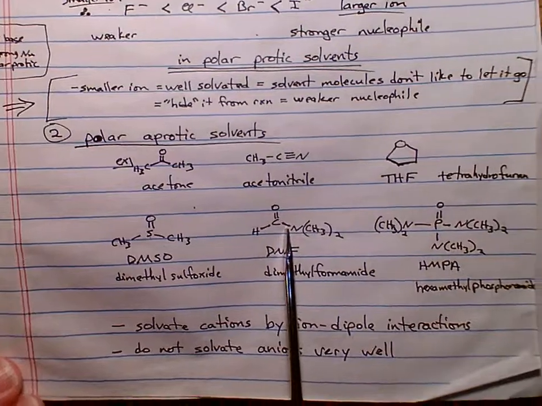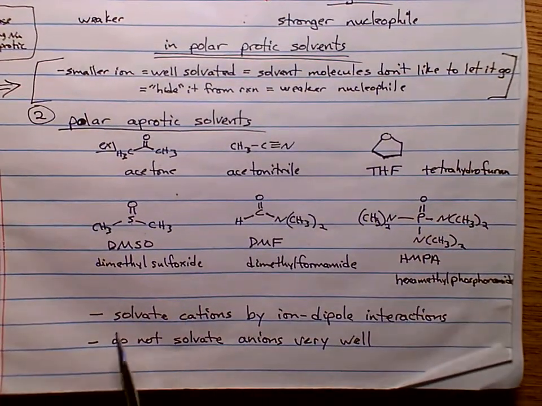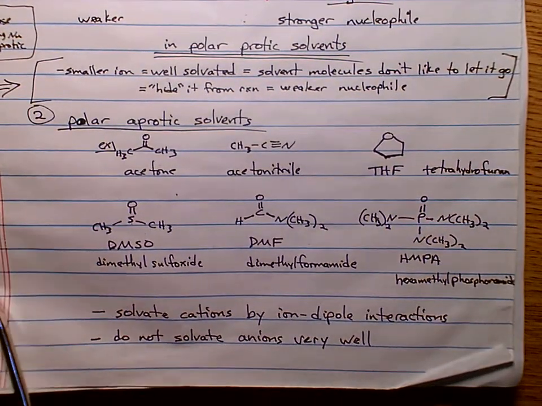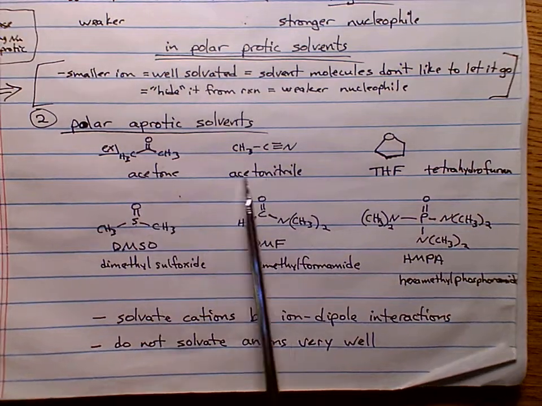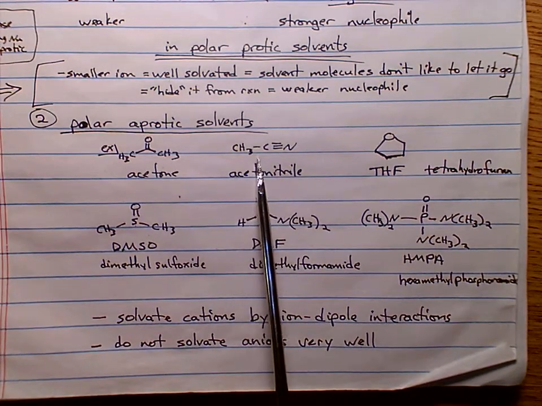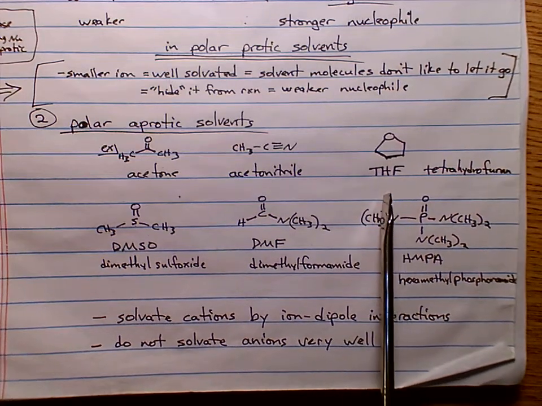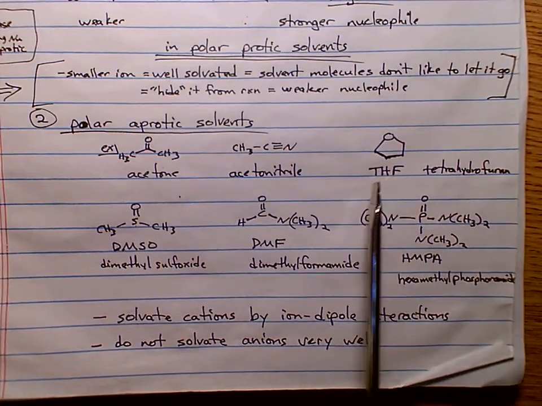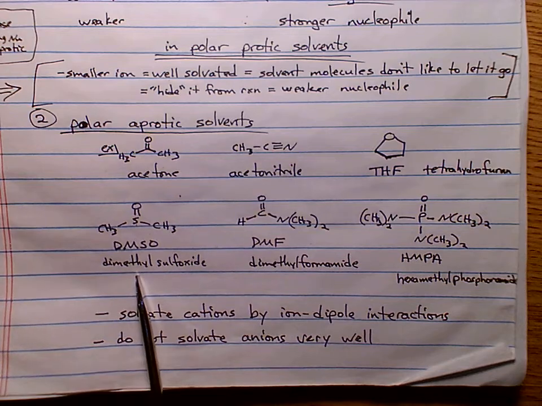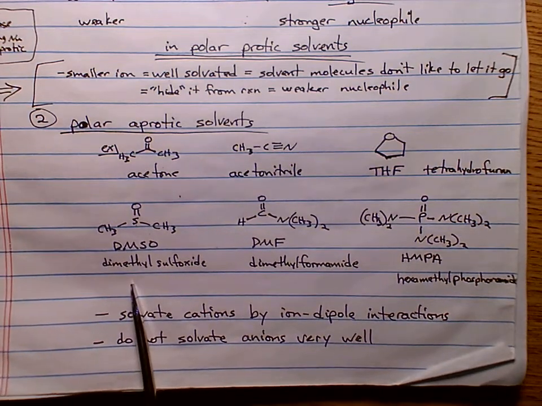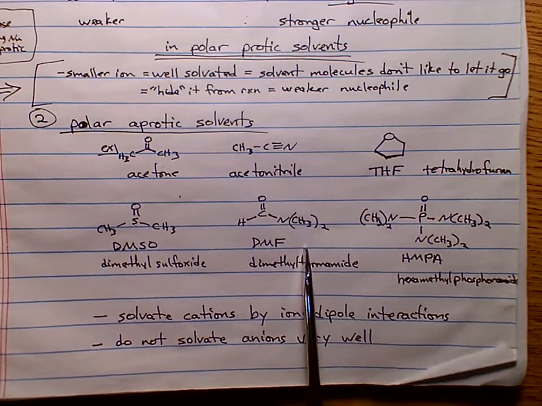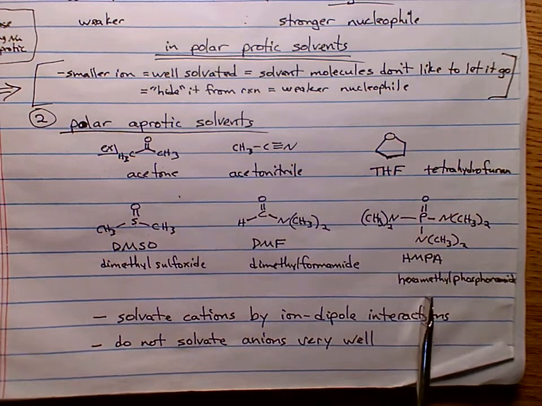And so here are our normal solvents that we use when doing substitution reactions. Acetone, great solvent. Acetonitrile, CH3 C triple bond N. THF, tetrahydrofuran, is an ether. DMSO, crazy good solvent, DMSO. DMF, dimethylformamide.